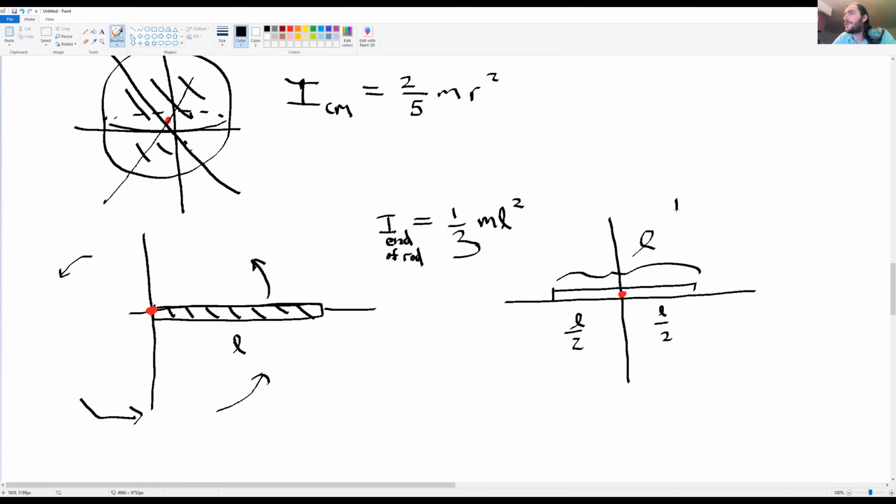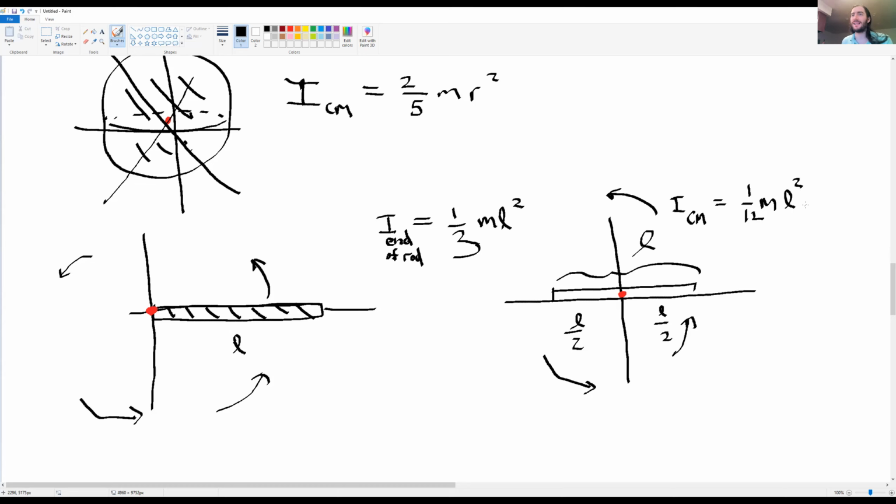The moment of inertia to rotate the rod about its center of mass, in the same direction, is 1/12 ML squared. This one I always remember because it's so unique, with the factor of 1/12. But again, I'll give it to you if I want you to calculate something with it.